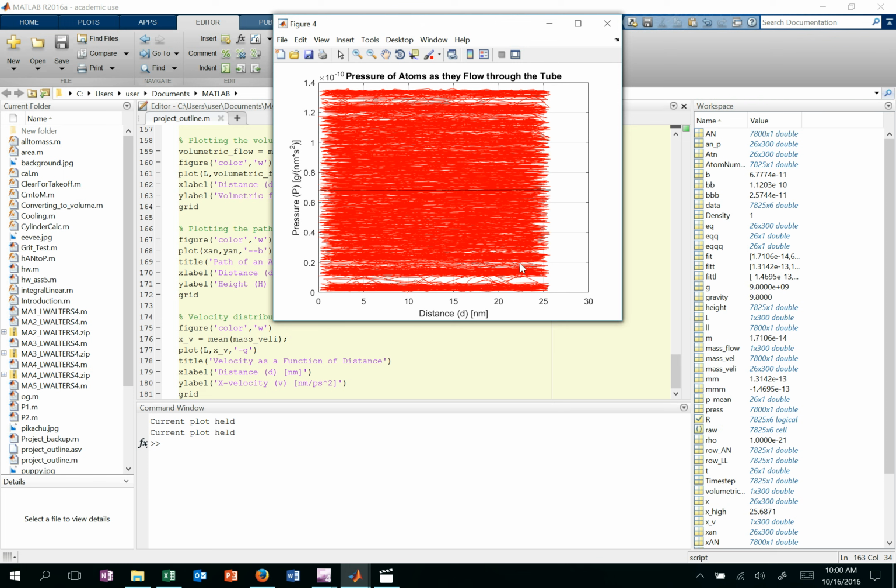So if this is very dense at the bottom, then you might want to create smaller holes so you can accommodate for the extra water molecules that are going to be at the bottom.